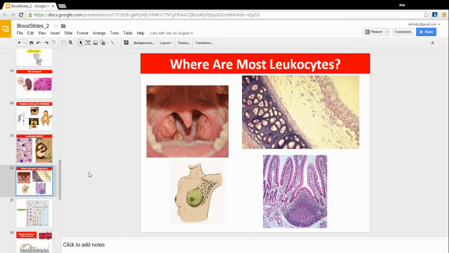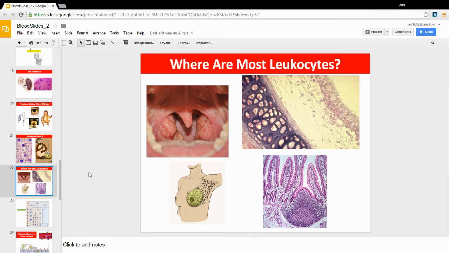Major places are in places where they encounter pathogens, bacteria, viruses, microbes, whatever. So where are we going to find them? We're going to find them in our tonsils. That's the upper left-hand picture. We're going to find them in the lining of our trachea. That's the upper right-hand picture. In our lymph nodes.